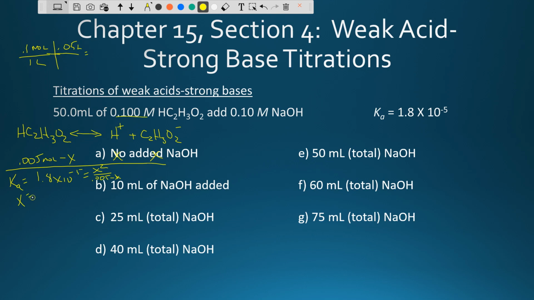My X then becomes 0.0003. pH is the negative log of this, and so my pH ends up being 3.52. That's with no sodium hydroxide added at all, okay?